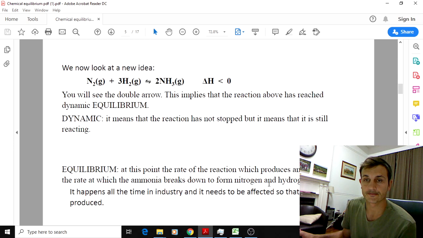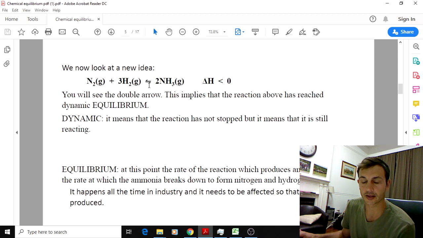Alright, so we need to get onto this whole chemical equilibrium thing, and we'll do that by looking at an example over here. Nitrogen gas reacting with hydrogen gas. These are our reactants, and they produce ammonia, the product. But something very important here is the double arrow, which we don't often see, but in chemical equilibrium it is very much part of the section.